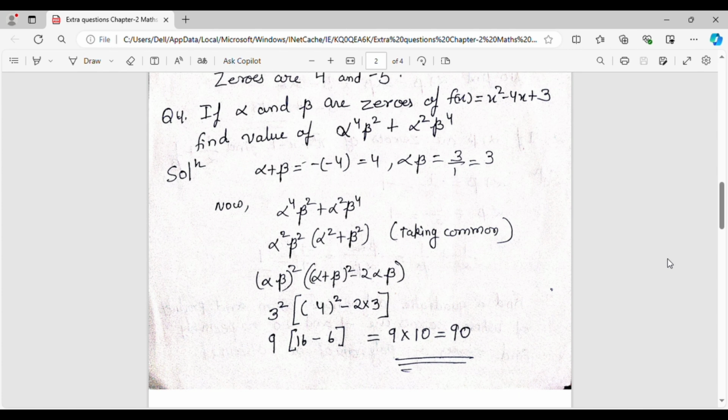Here we will find sum of zeros and product of zeros, and then we will factorize the given expression, in which we will take alpha square and beta square as common term, and alpha square plus beta square would be remaining in the bracket, which we can rewrite by using our identity of alpha plus beta whole square minus 2 alpha beta. After substituting the value of alpha plus beta and alpha into beta, we will get answer as 90.